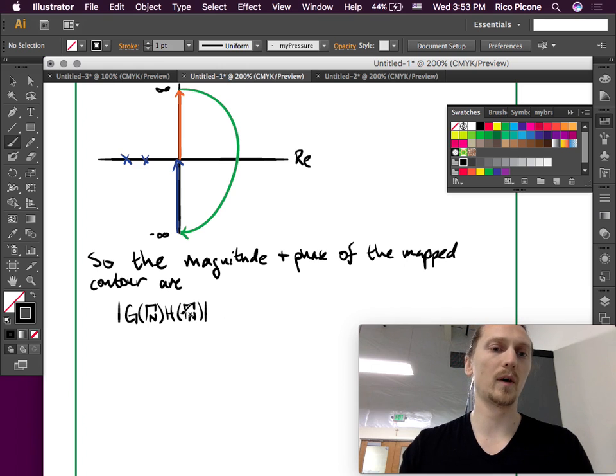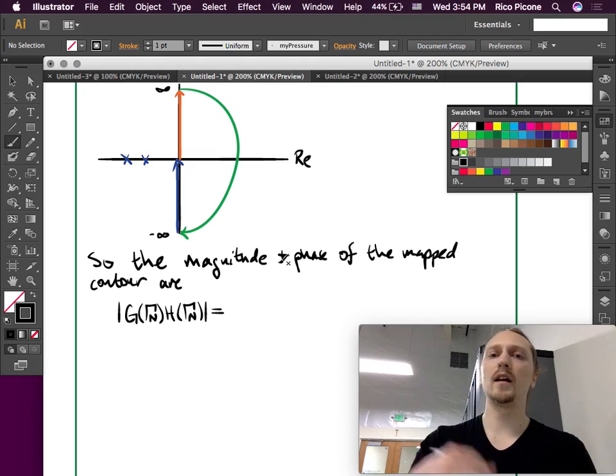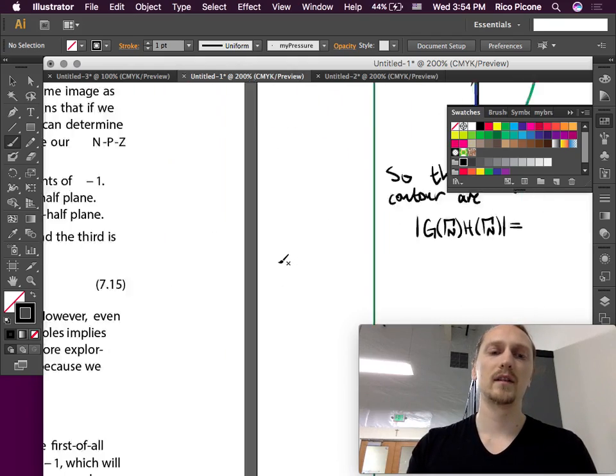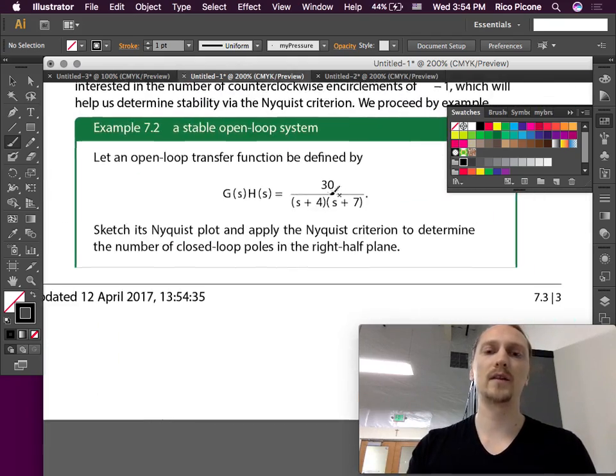This is the mapping we want, GH of gamma n. And the magnitude of it is going to be equal to, you can't forget the scaling factor. So the scaling factor was 30 out here, right? So 30.